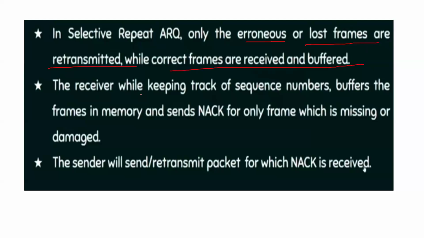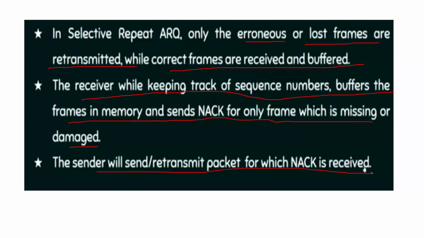The receiver keeps track of sequence numbers, buffers frames in memory, and sends a NAK only for a frame which is missing or damaged. The sender will retransmit the packets for which a NAK is received.